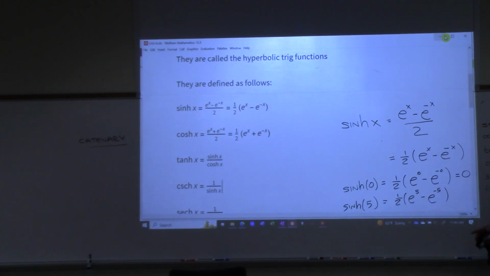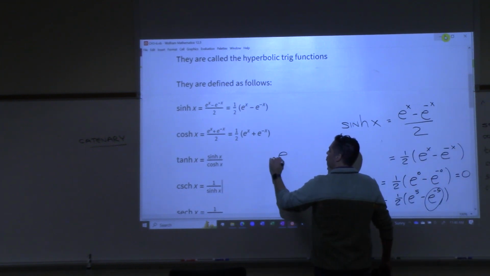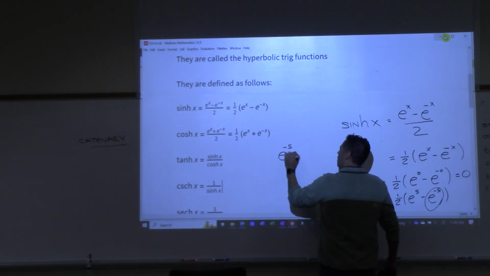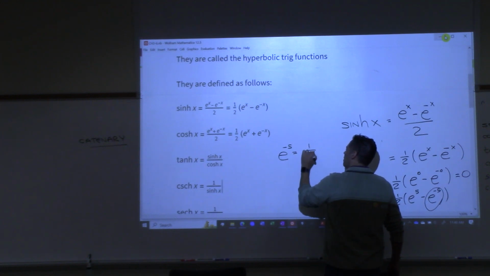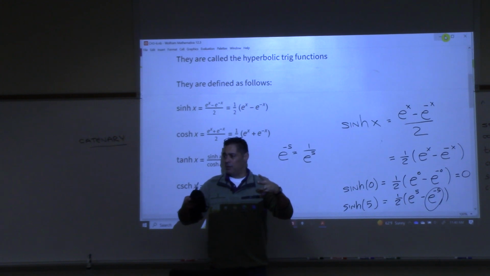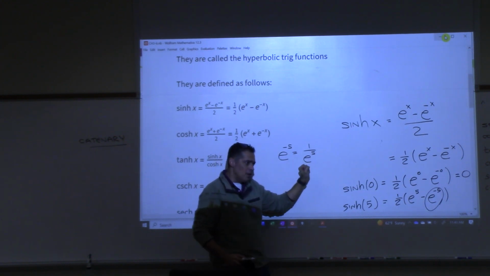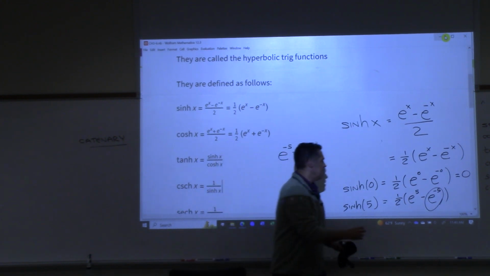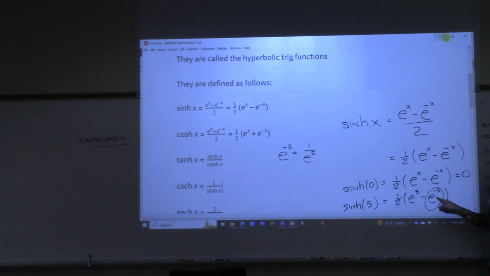Keep in mind, e to the negative 5 is actually 1 over e to the positive 5. And e to the 5th power is a big number, so 1 divided by a big number is a small number. So this is a big number minus a small number. Big minus small should be a pretty big number when we're done.